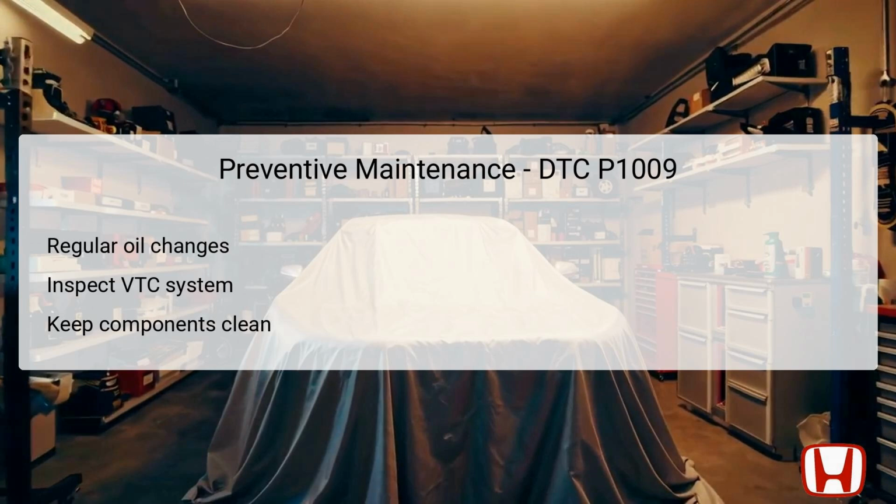Keeping components like the VTC oil control solenoid and actuator clean will help maintain optimal operation. Additionally, ensuring that oil passages remain clear can prevent blockages that lead to performance issues. Proactive maintenance measures can save time and costs associated with extensive repairs in the future.